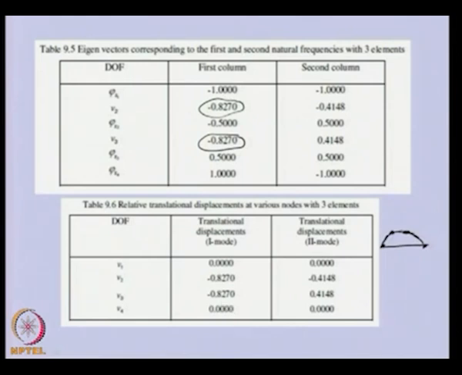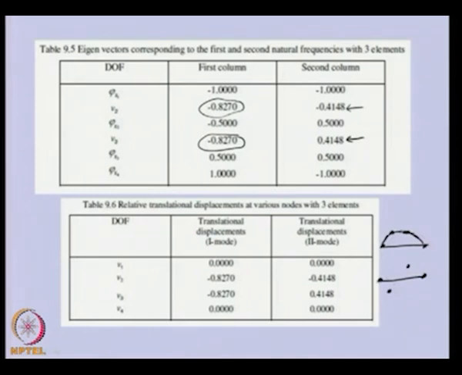For the second mode, we need to pick up the second column, so correspondingly this and this. In this you can see this is negative, this is positive, and they are 0. So if we want to plot the mode shape, 1 and 4 are 0, this is, let us say, negative at node 2, and this is positive.